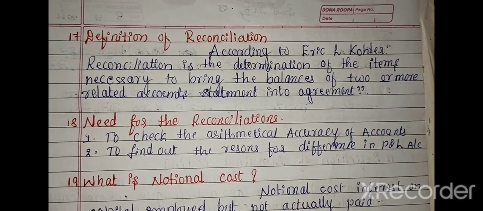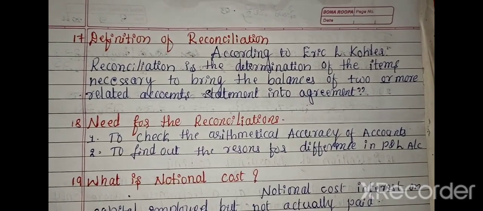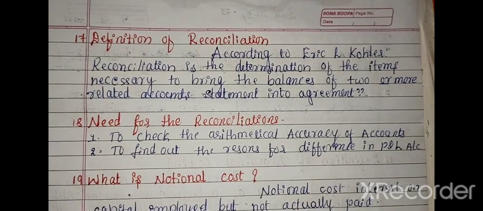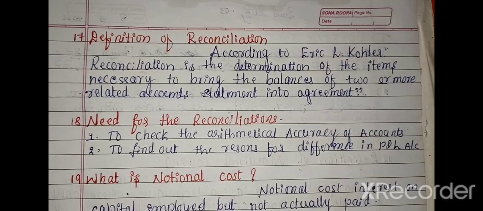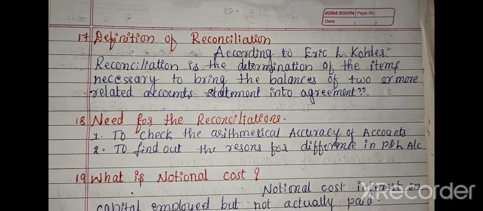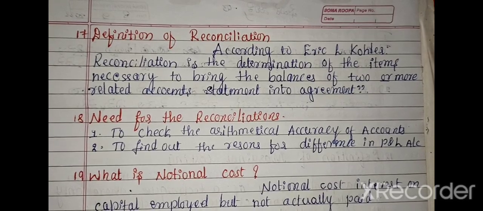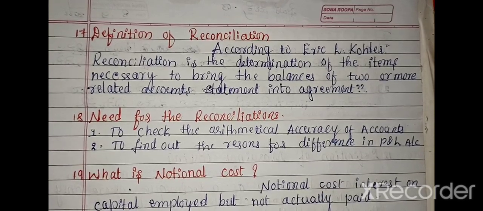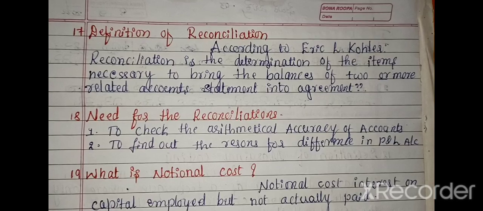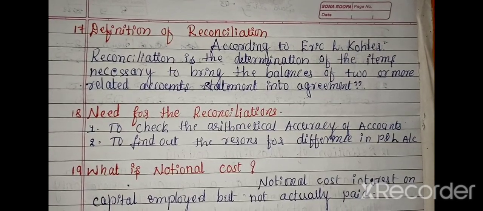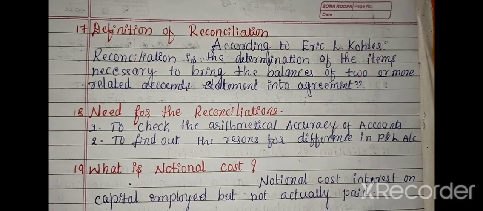Definition of reconciliation. According to Eric L. Kohler, reconciliation is the determination of the items necessary to bring the balance of two or more related account statements into agreement. It is called reconciliation.